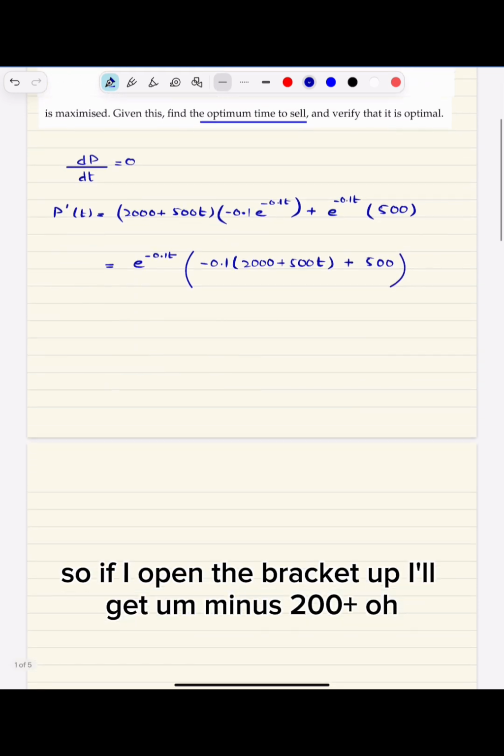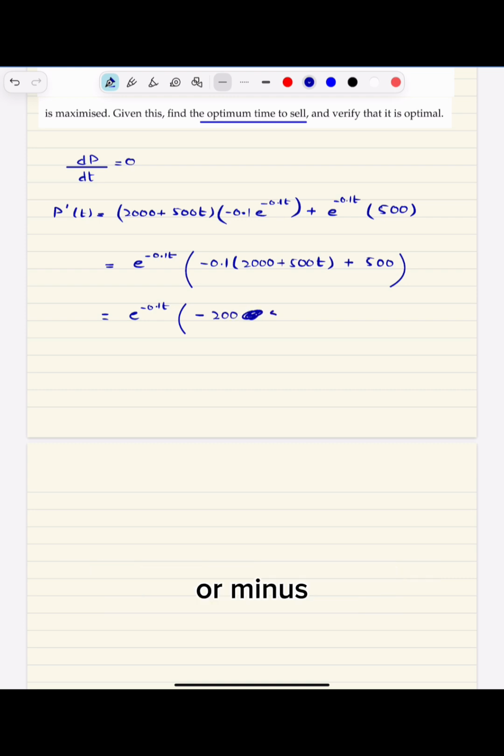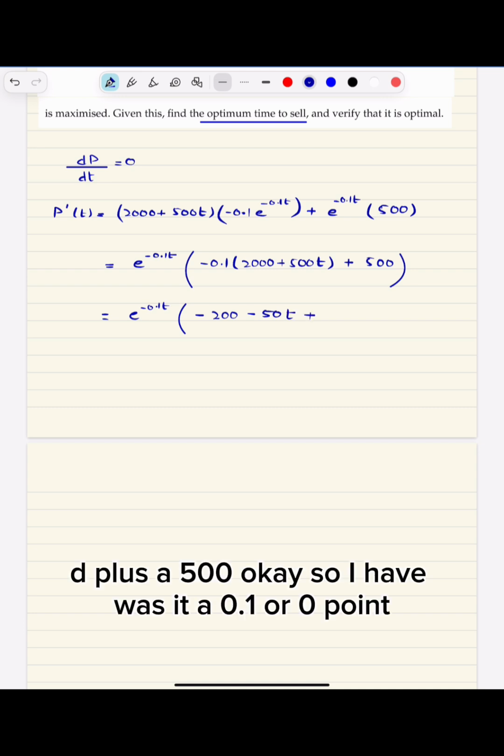So if I open the bracket up, I'll get minus 200 minus 50T plus 500.